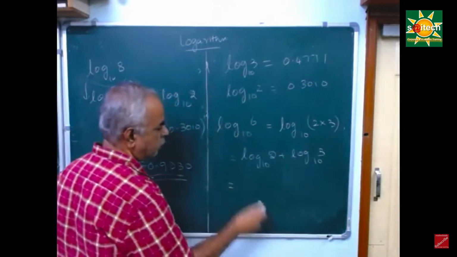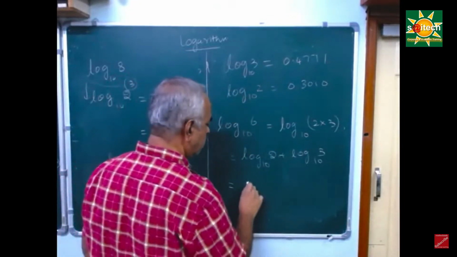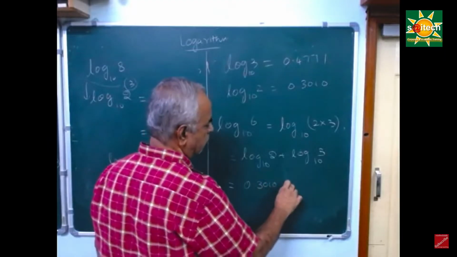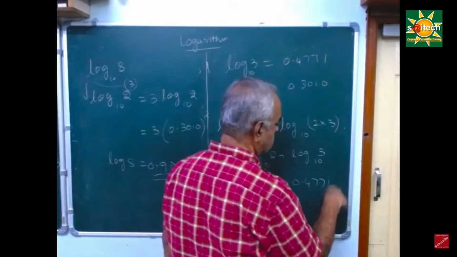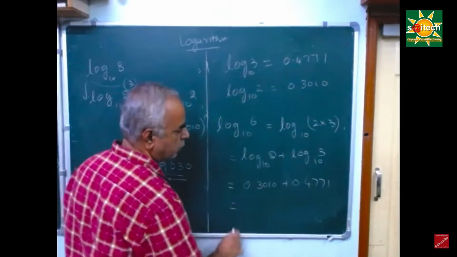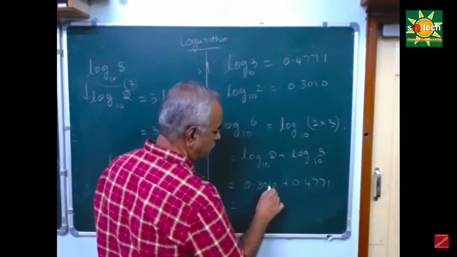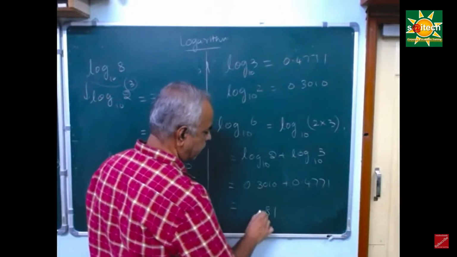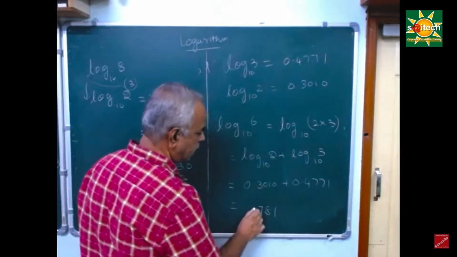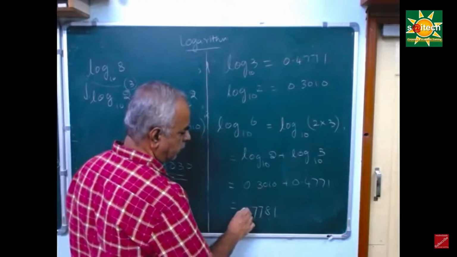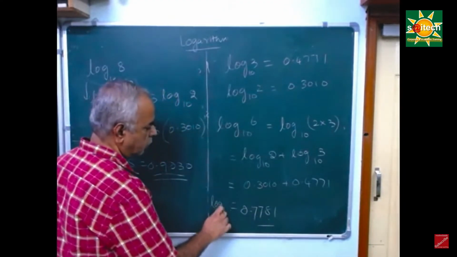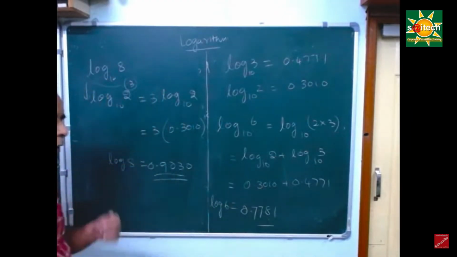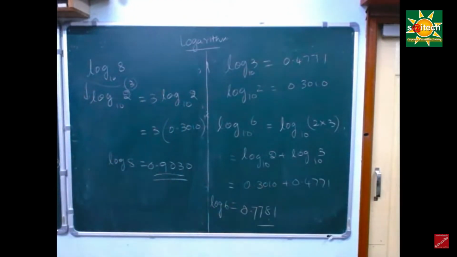What is log 2? 0.3010 plus log 3, 0.4771. So that is 0.7781. This is the value of log 6. So likewise you can obtain the value of the logarithm of 6.